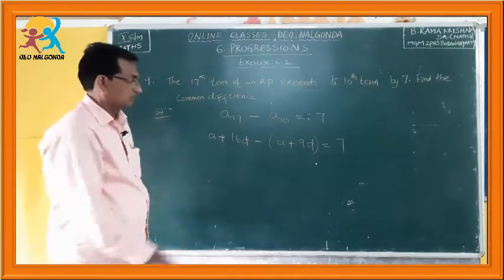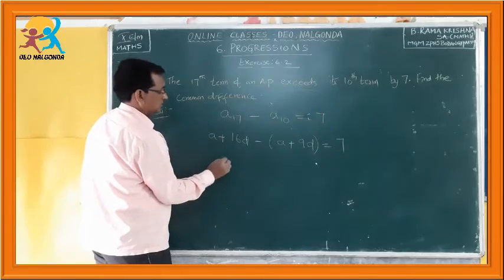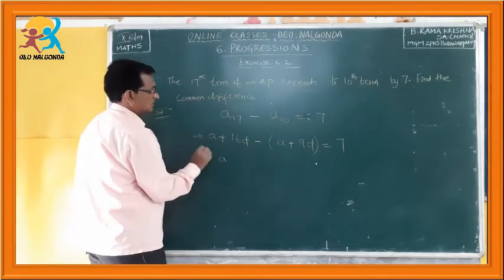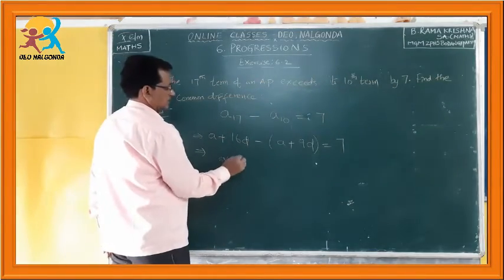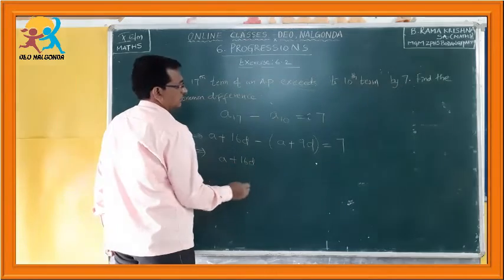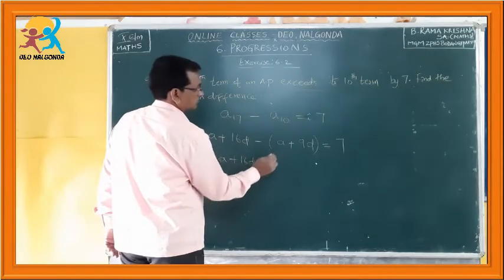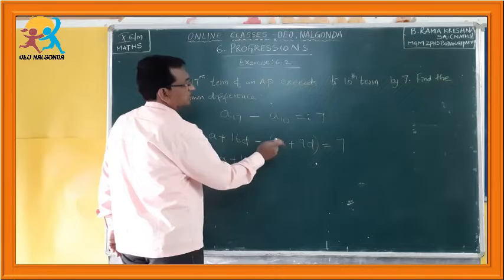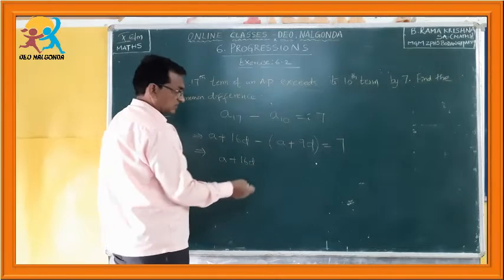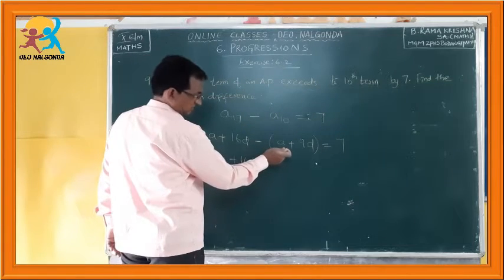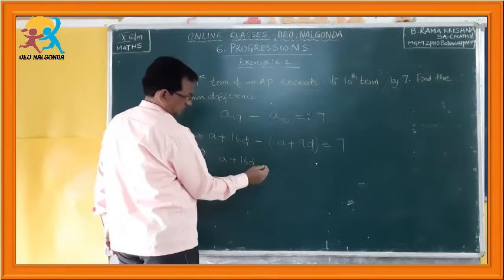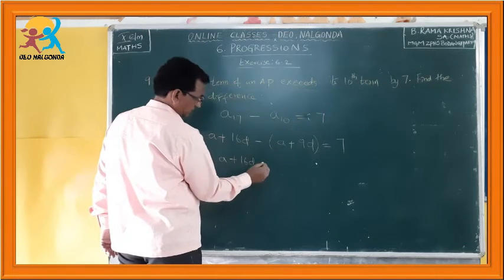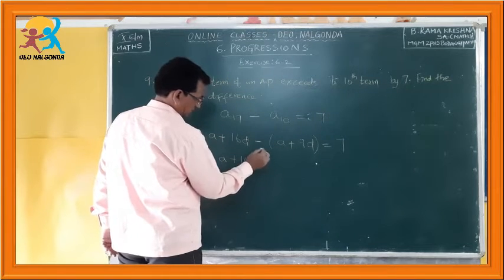That is right. So here we have A plus 16D minus, and what happens if you remove these brackets? The signs of the terms inside the brackets will change.